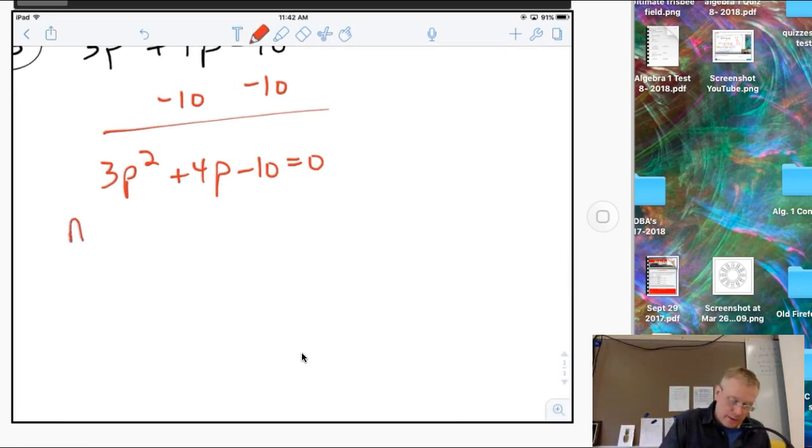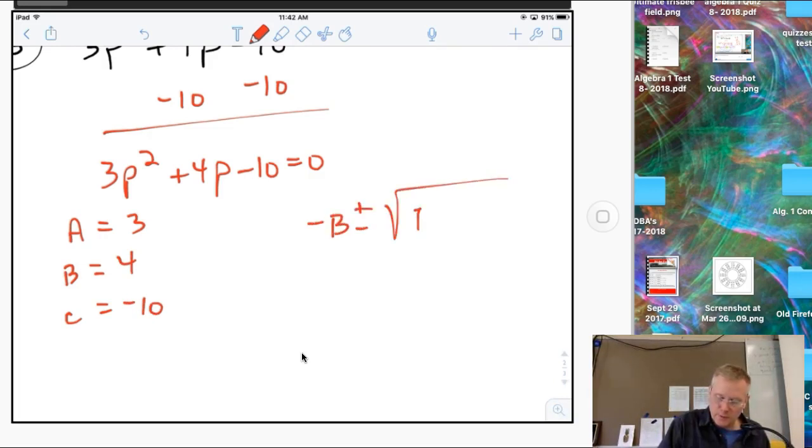And now I'm going to solve it. Quadratic formula, A, B, C. A is 3, B is 4, C is negative 10. Plug those into the quadratic formula, negative b plus or minus the square root of b squared minus 4ac all over 2a.